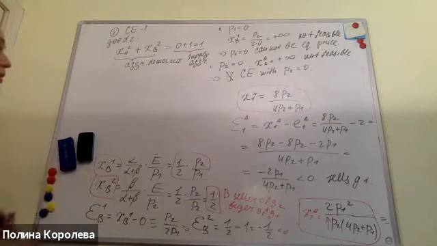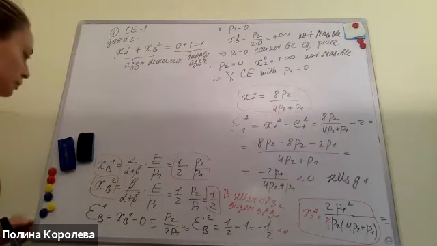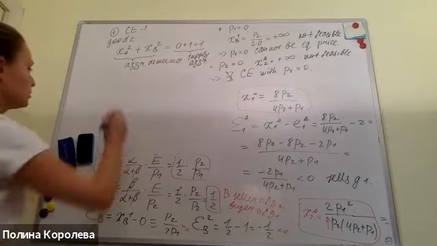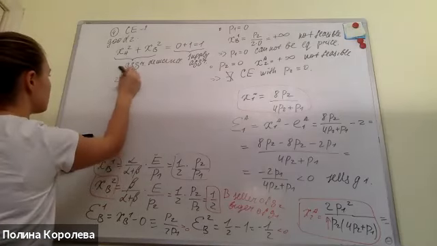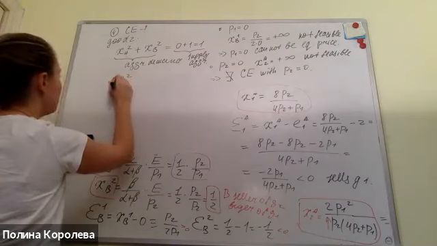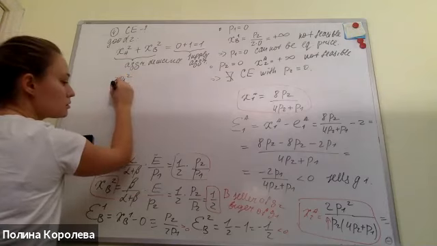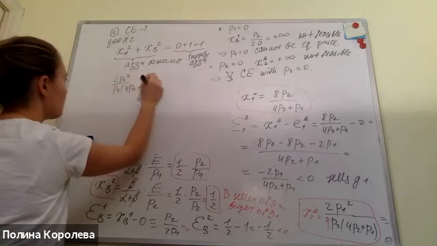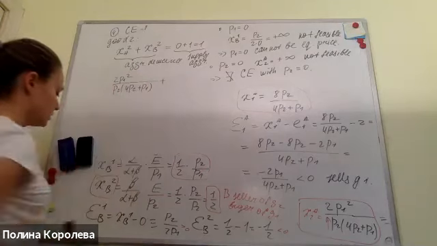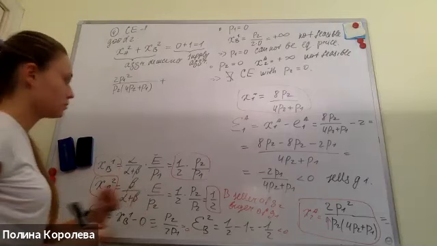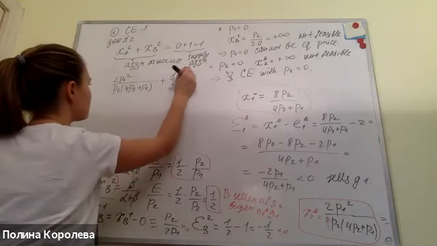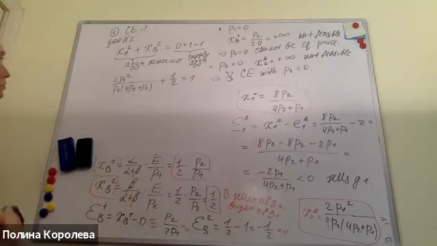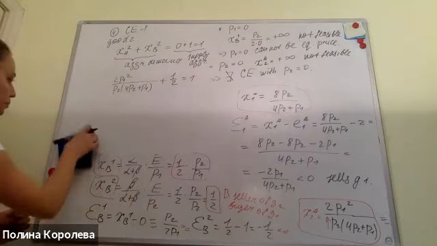So let's sum up our demands. The demand of individual A is 2P1 squared divided by 4P2 squared plus P1 P2, plus the demand of individual B for the second good, which is 1/2, should be equal to 1.